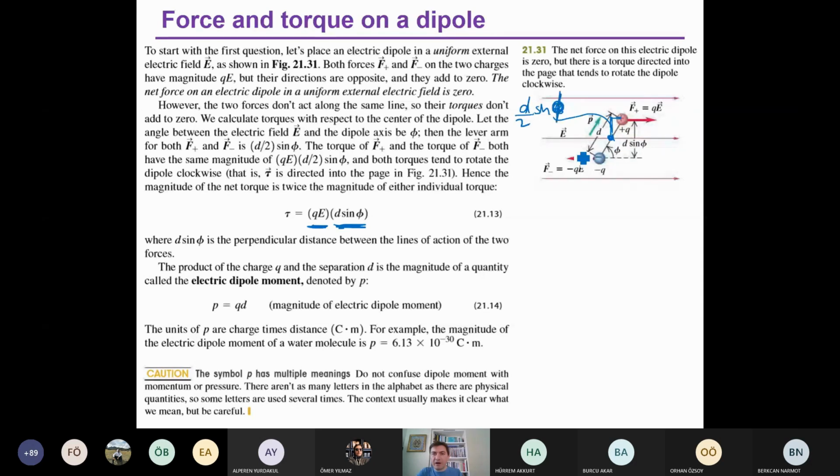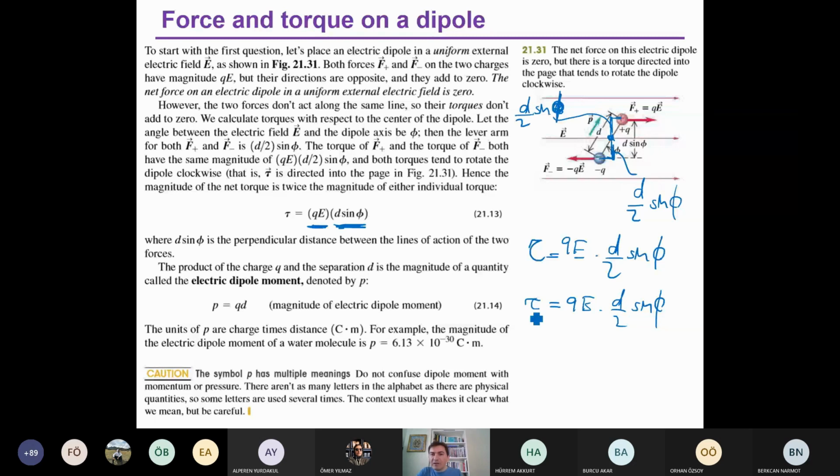And here we have the lever arm for this charge, and it is also given with d/2 sin φ, right? Then I have two torques: QE times d/2 sin φ for the positive charge, and there is another torque for the negative charge, QE times d/2 sin φ. What about the direction of the torque? It is the same for both cases, right?